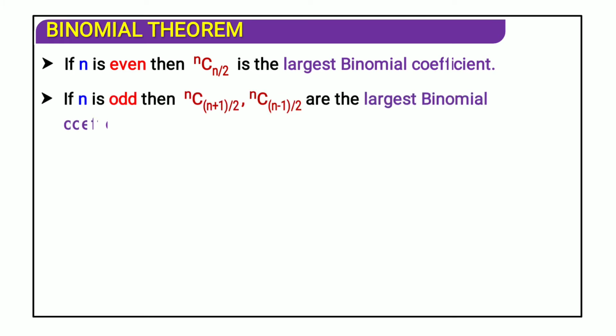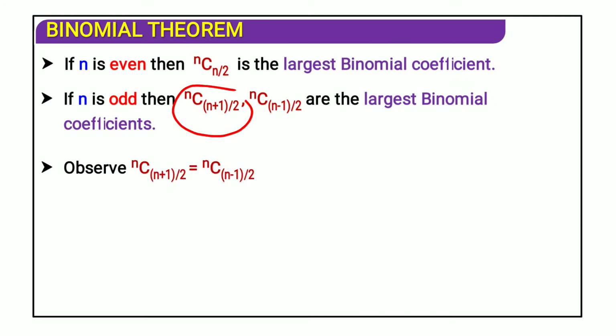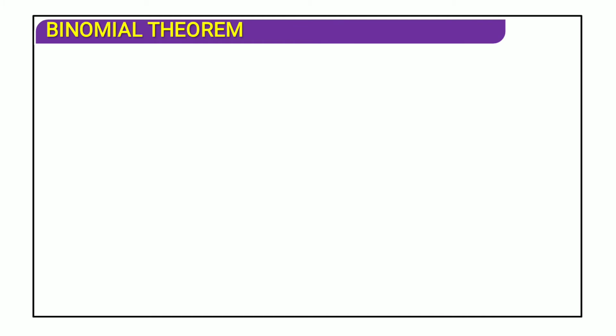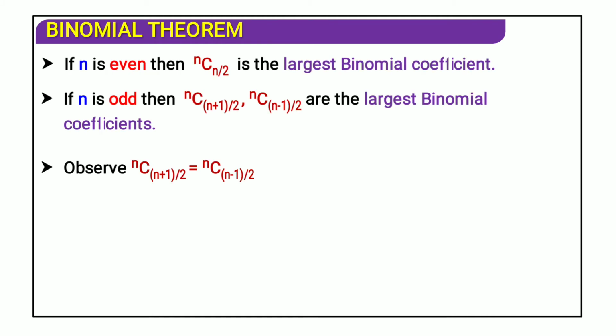Remember this thing. If n is odd, then we have two greatest coefficients, that is nC((n+1)/2) and nC((n-1)/2). Observe one thing, that this thing is equal to this thing. Why is this happening? Because we know the simple formula of the binomial expansion, that is nCr = nC(n-r).